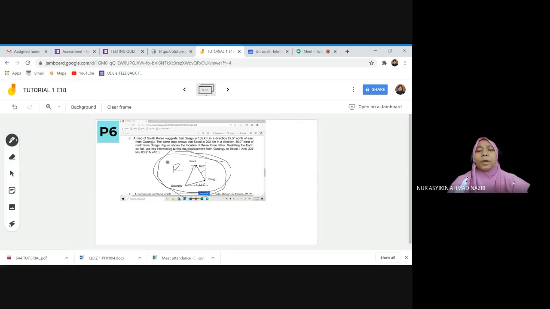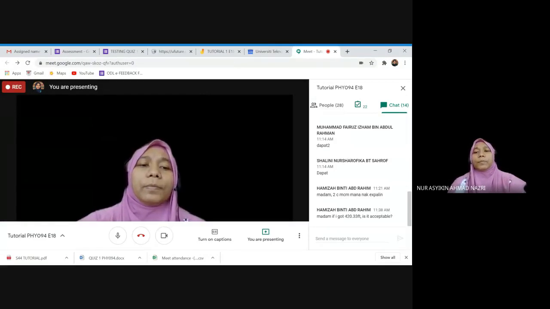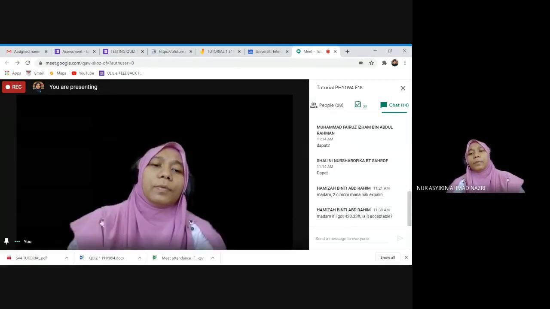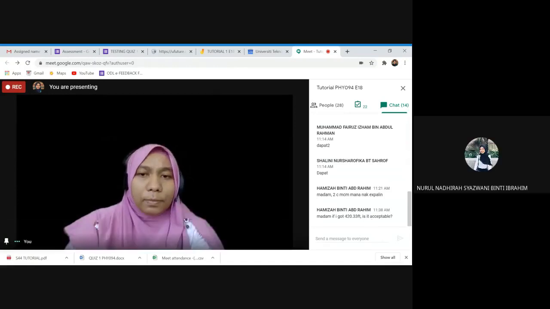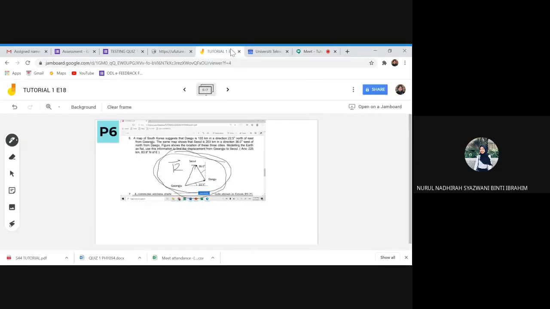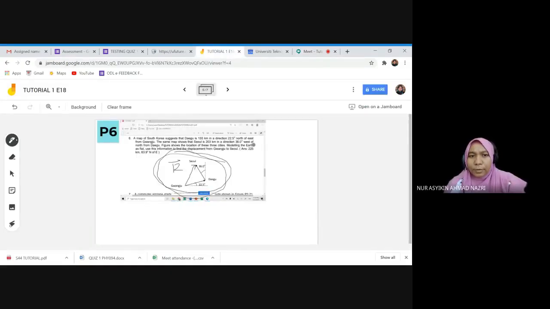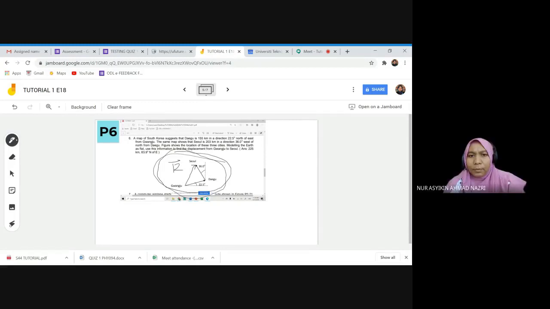Okay, cuma saya nak tahulah apa masalah ya. Maksudnya tak dapat jawapan ke apa? Jawapan dia lari sikit. Teacher, signifikan lari, tu je masalah dia. Macam jawapan 421 saya dapat 420.4. Mana 421?